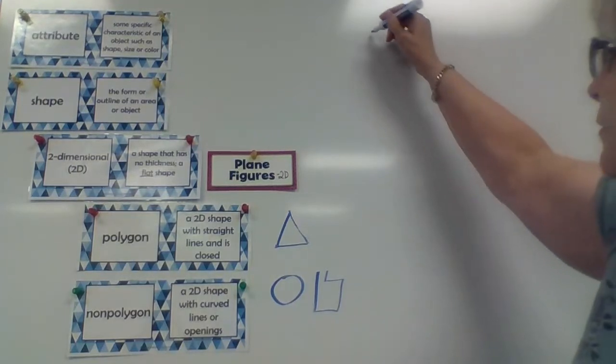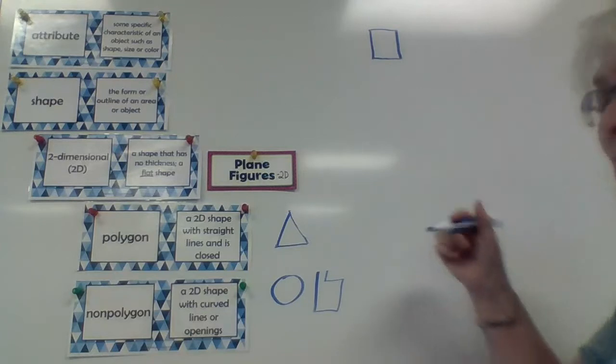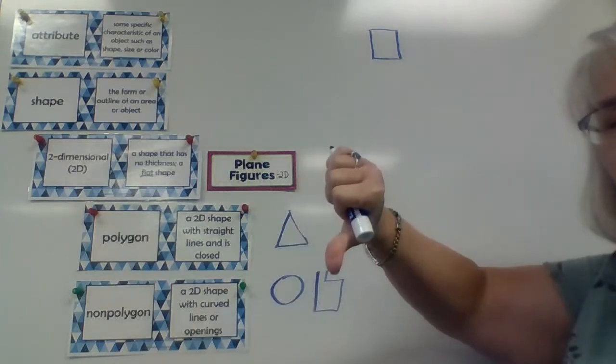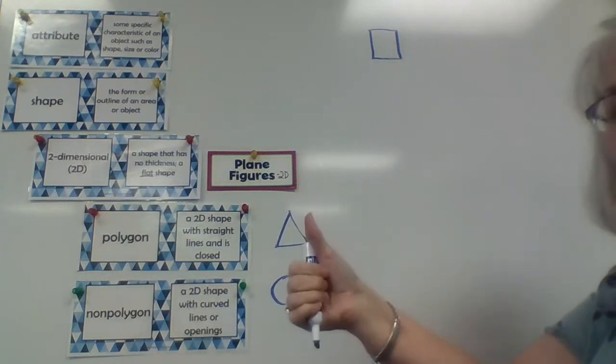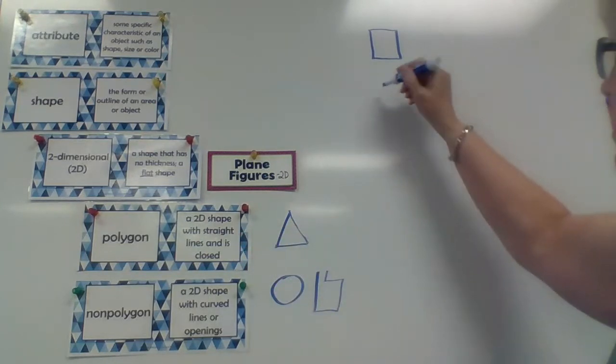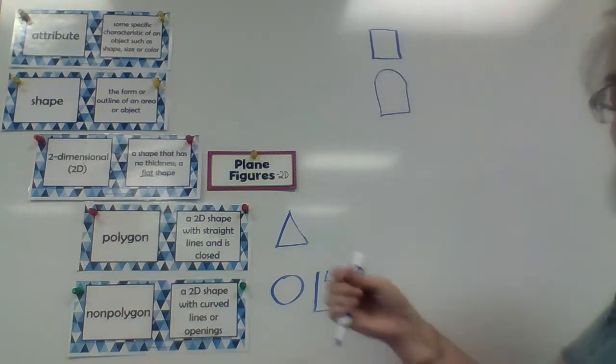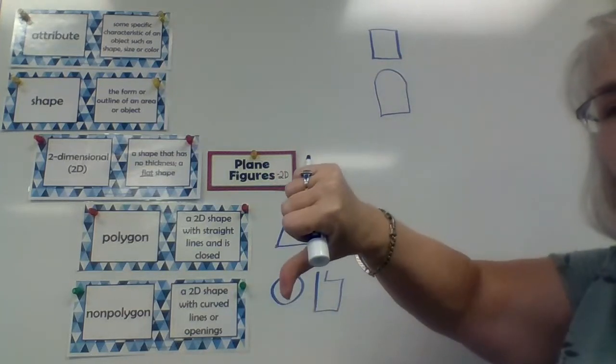All right, so here's our first one. Polygon, non-polygon. Okay, that is a polygon. Straight sides and it's closed. Okay, polygon, non-polygon.